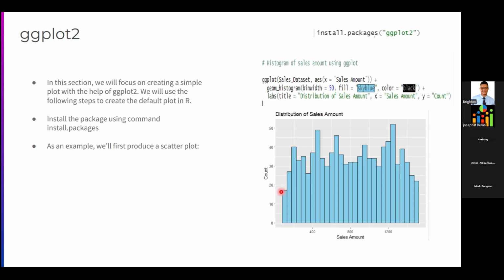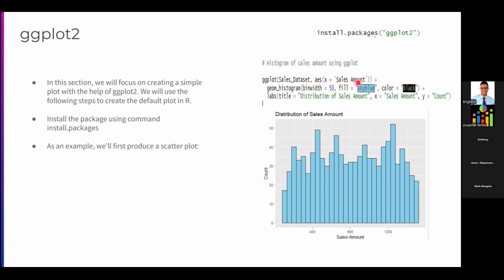So what we are saying is, in that sales data set, 17 products were sold at a price between 0 and 50. So we don't need the y-axis because it is basically counting the sales. That's why we have only specified the x-axis.